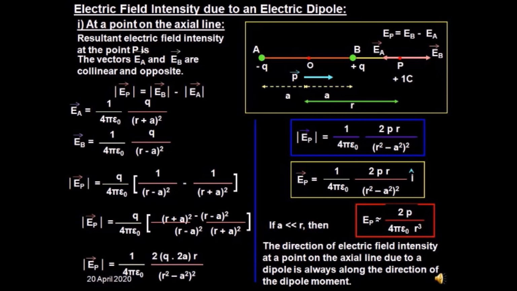So if the dipole size A is very less than the other distance R, then we can use the approximation. The approximation tool in physics says that whichever quantity is very small, put it equal to 0 in all addition and subtraction terms.